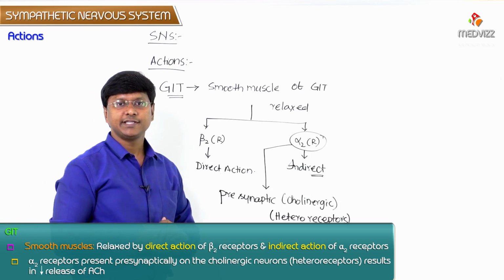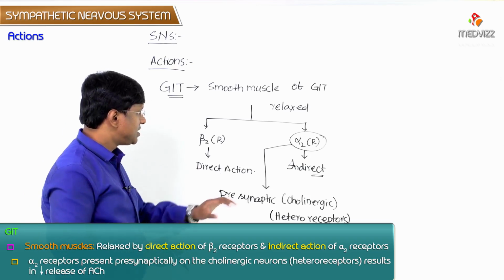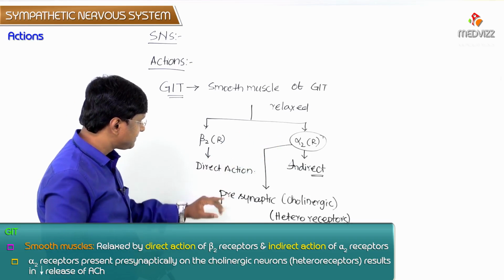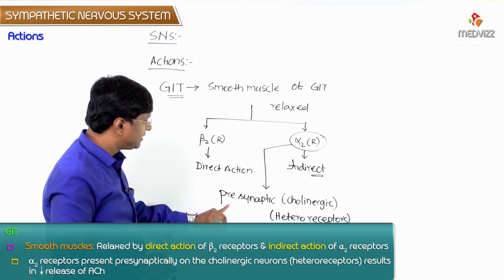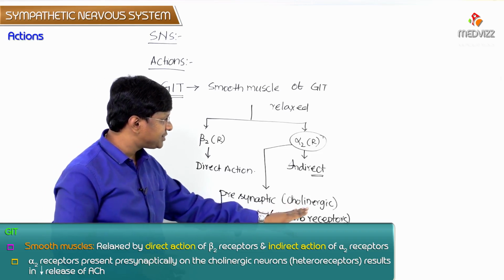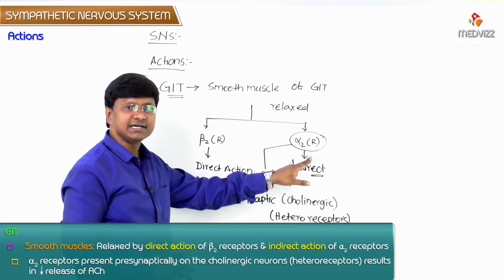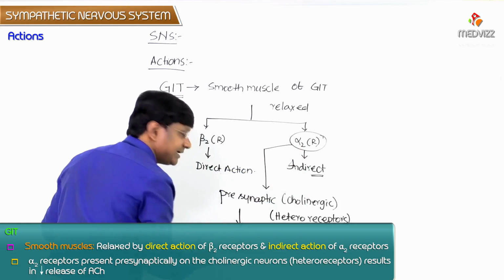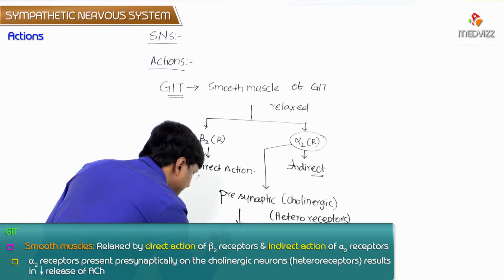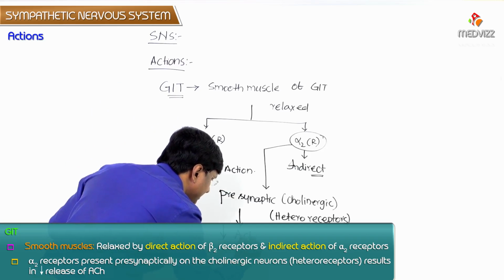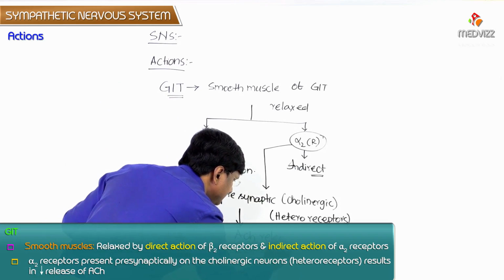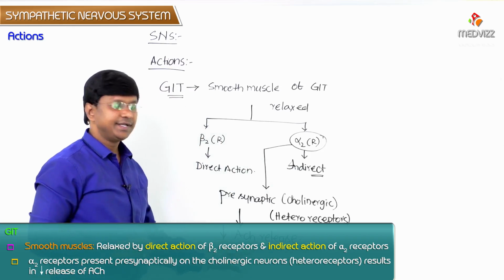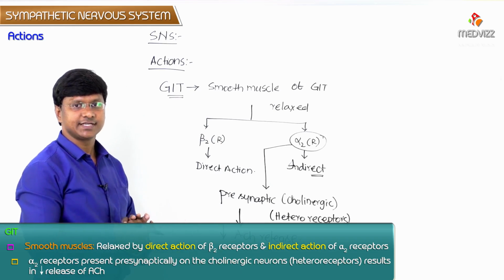Now a point that you should remember here is, once these alpha 2 receptors present in the presynaptic nerve terminal of the cholinergic neurons are stimulated, that will result in a decrease in the release of acetylcholine.